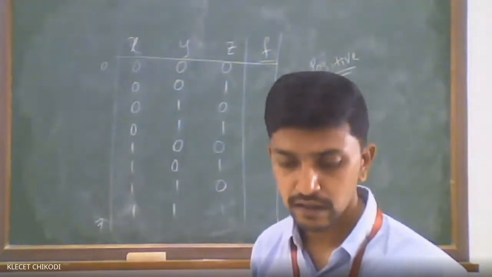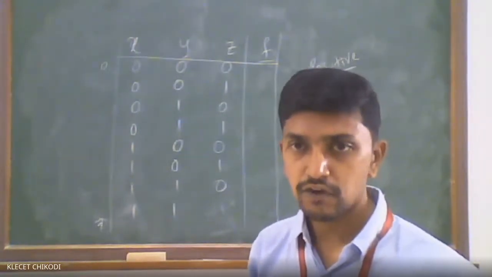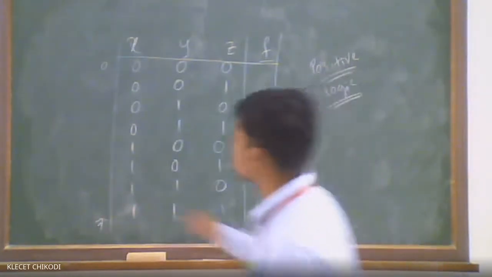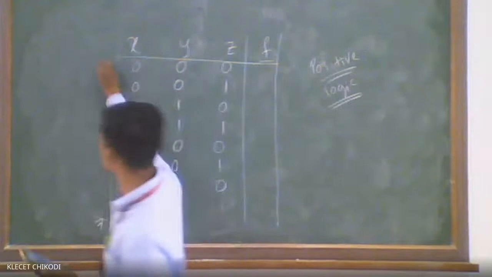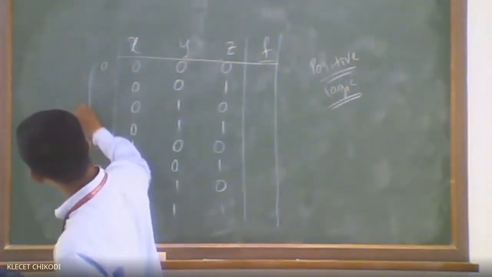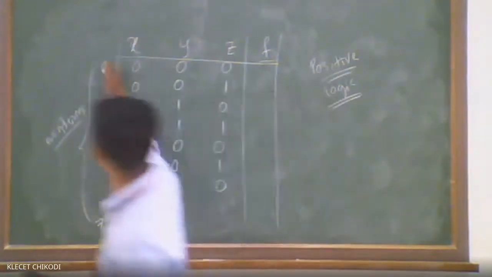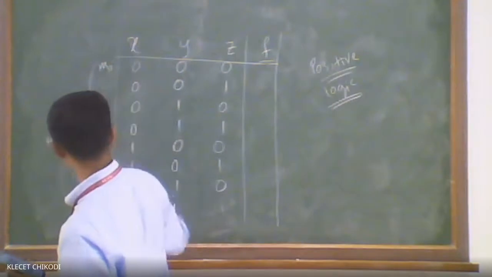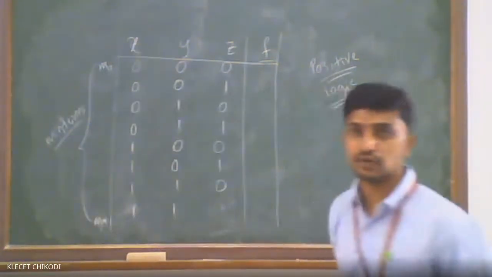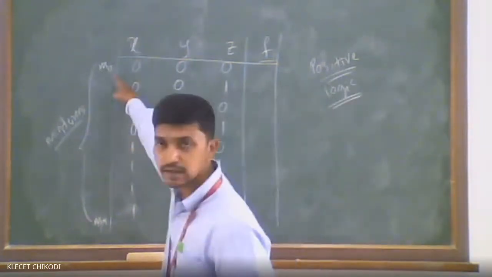That is the row number. Instead of this row number, you call these the min terms also, right? Instead of 0 to 7, you can write it as M0 to M7 also.